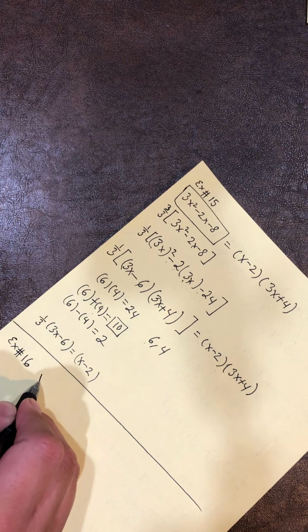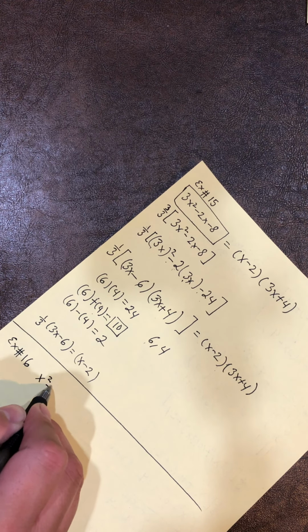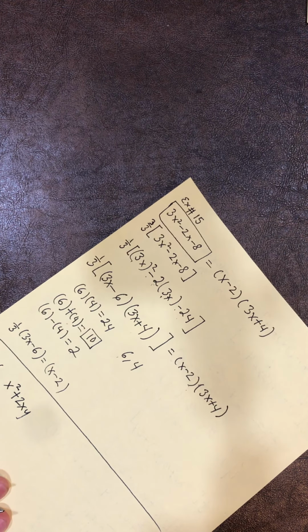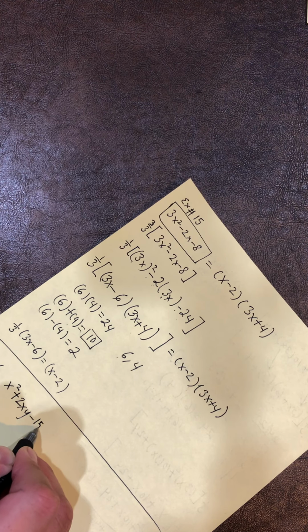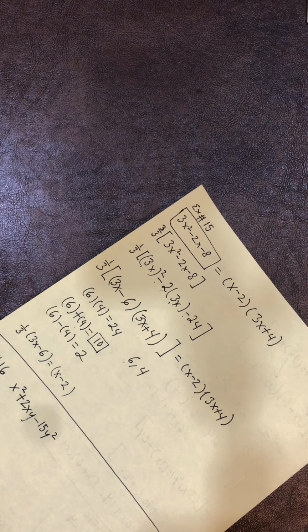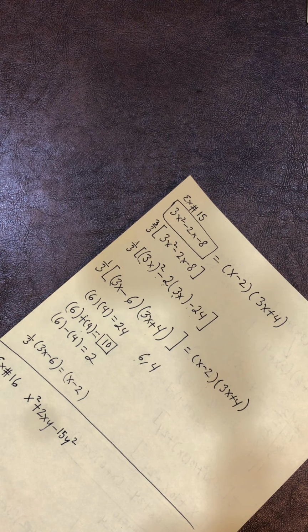Let's say we have this, x squared plus 2xy minus 15y squared. See that? I did that on purpose to try to confuse you a little bit, sorry.